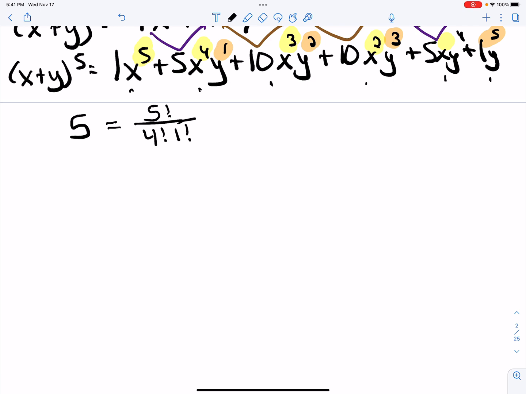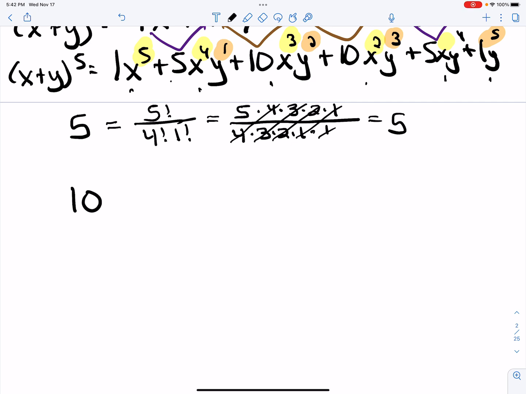If you don't believe me, you can put it in your calculator, or we'll work it out. 5 factorial means multiply 5 times all the integers below it to 1. 4 factorial means the same thing, so 4 times 3 times 2 times 1. 1 factorial is just 1. I can either multiply and reduce it, or I can recognize that I actually have some common factors here. I don't really need to worry about the ones. So I do end up with 5. Interesting, huh?